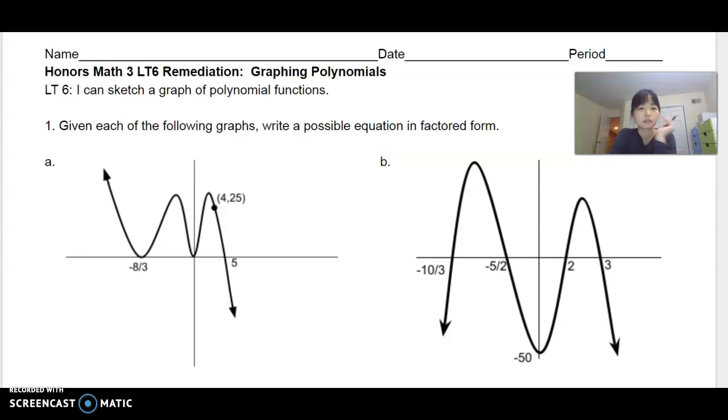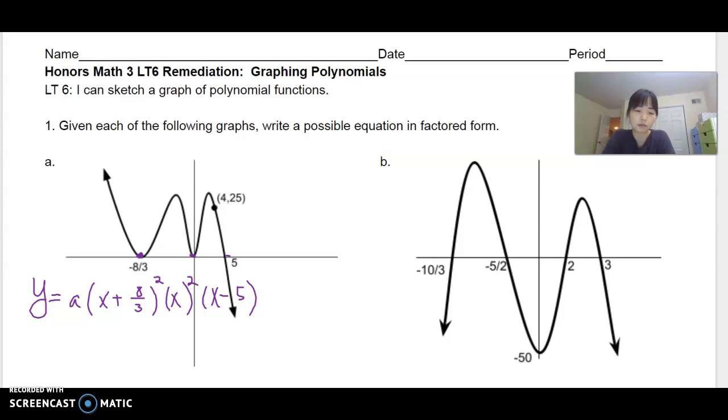Okay, writing the equation. We start out with y equals a, and then the x-intercepts, 1, 2, 3. Change all the signs, all opposite signs. Bounce is 2, bounce is 2.